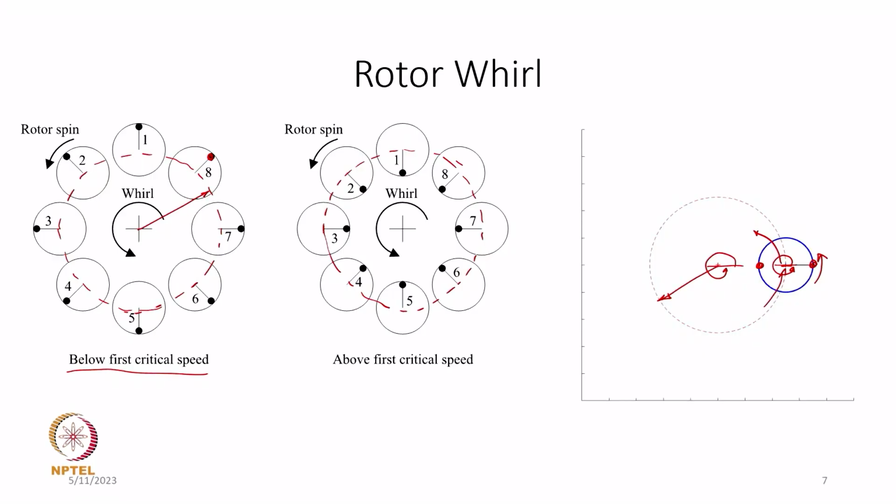The point is, if you start with this as the position of the unbalance, when it comes back here it will be at the same location. One spin rotation about its own axis and one full rotation about the bearing axis happen with the same time period, that is, synchronously.